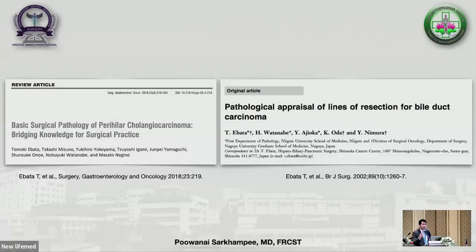And for ductal margins, the question is how much of the bile duct we can resect to guarantee that we achieve R0 resection. I think this is the landmark paper from Professor Ebata, telling us about the length of the resection margin to achieve R0 resection.